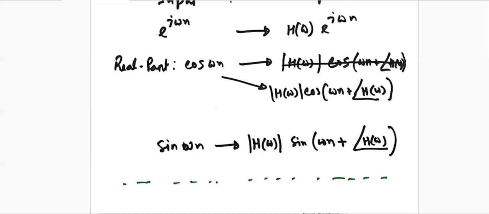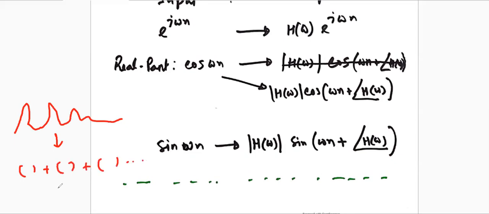In practice, try to understand here very clearly. Whenever we are talking about any signal which is not a pure sinusoidal signal, it is a combination of a number of sinusoids, which might be a huge number. So in that case, we have a huge number of this kind of output as well.